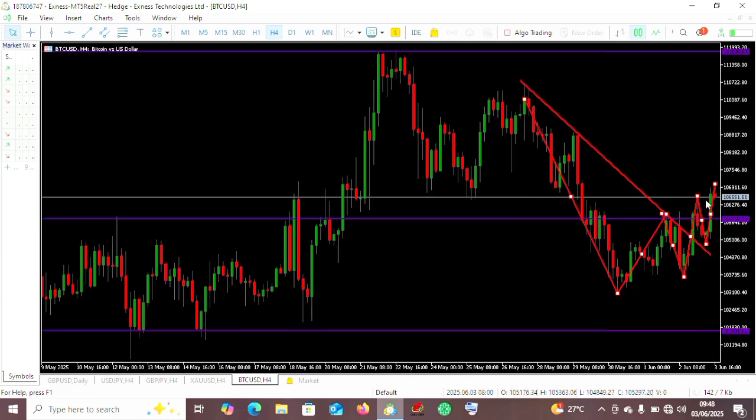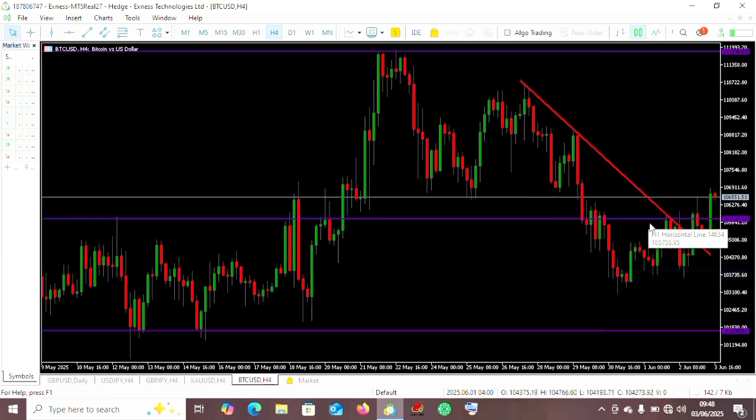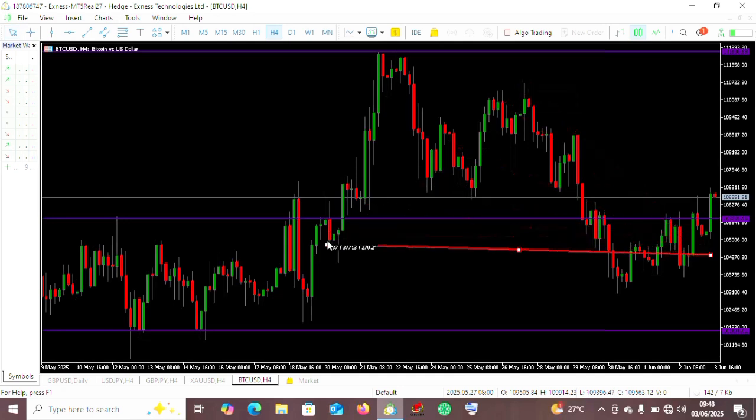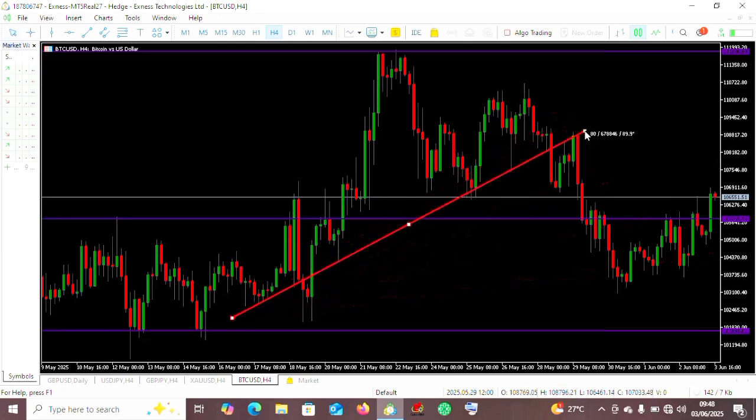All right, so let me also cite an example of a trend line on the bearish part. Let's now say, okay, this was countered because this was actually buying from here.